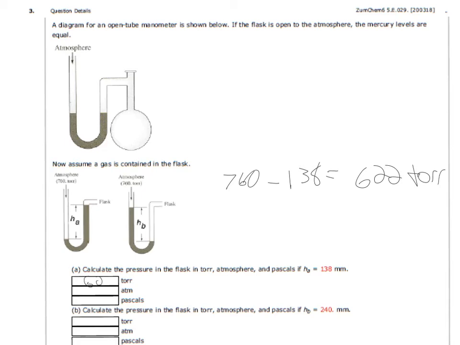They also, just to get you familiar with answering pressure in different units, ask you for that same pressure in both atmospheres and pascals. Well, to do those conversions, it's helpful to remember that 1 atmosphere is equivalent to 760 torr, which, by the way, is the same as millimeters of mercury.